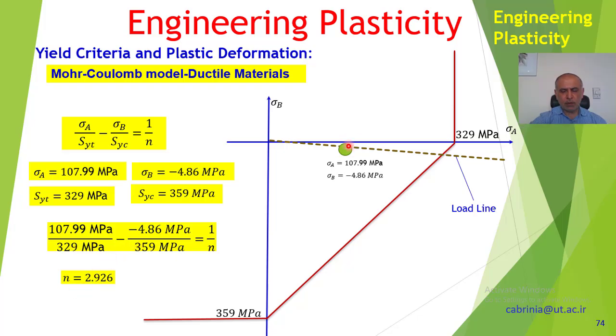So you can see we have a fairly good factor of safety. If the load increases, this point moves on the line towards the yield point, and if we decrease the load, it moves that way. So that's how we apply the Mohr-Coulomb model for ductile material in a real example problem.